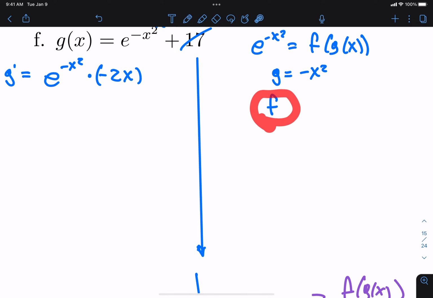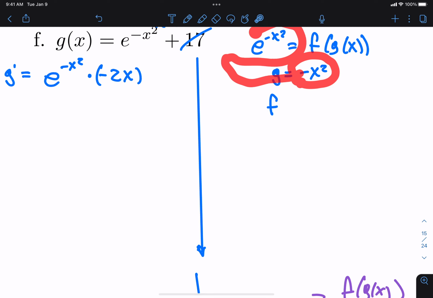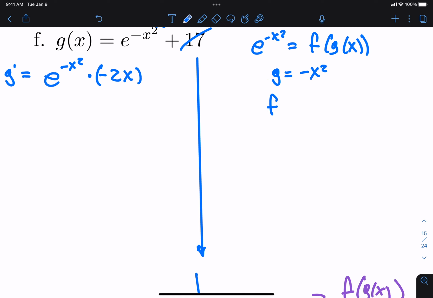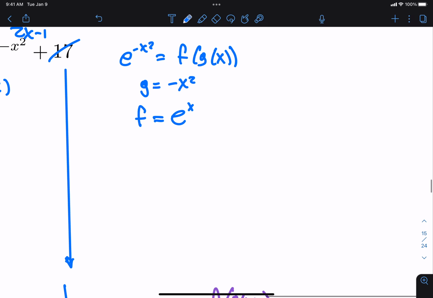Now I just need to figure out what f is. Once I know g, I ask myself, what function would I need to plug this into in order to get e to that? Well, it's exactly e to the x. Then I need g prime, which is negative 2x, and f prime, which, the derivative of e to the x using the e to the kx rule, would be 1 times e to the x, which is e to the x.